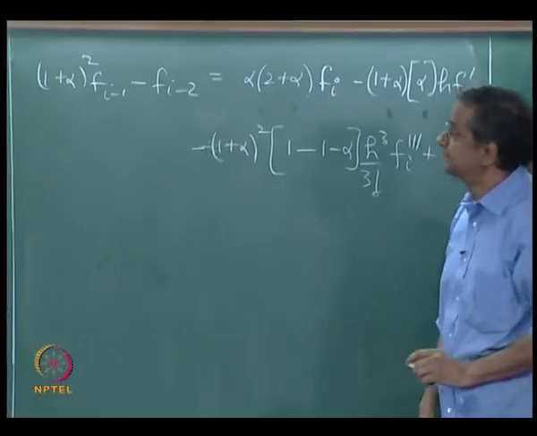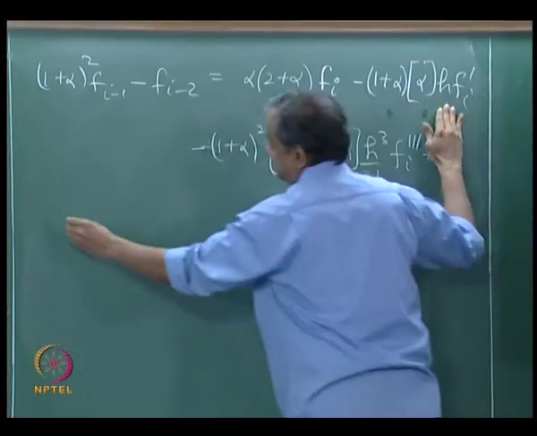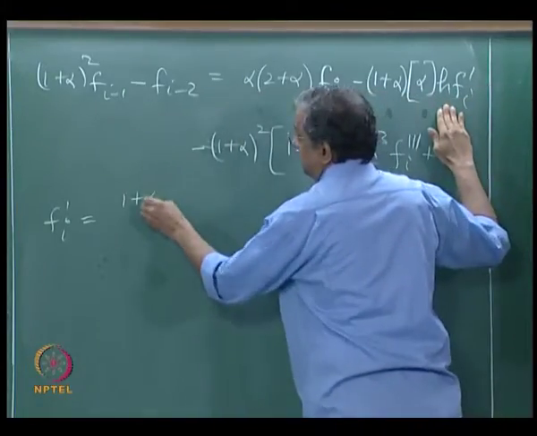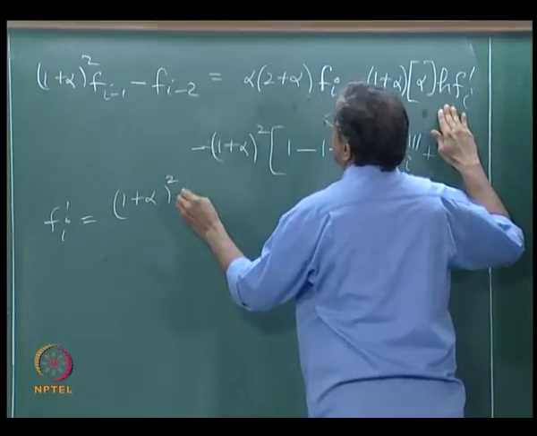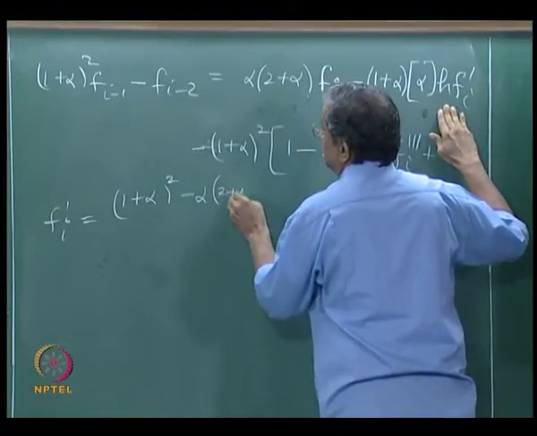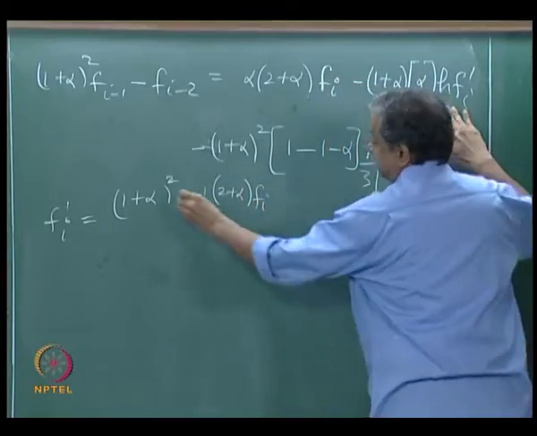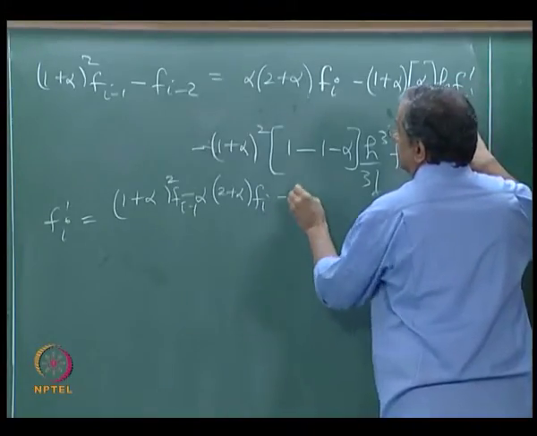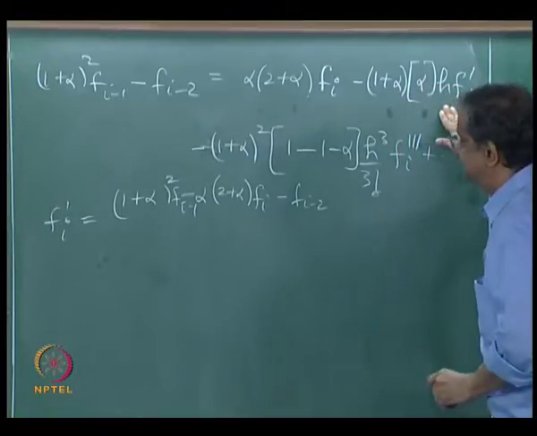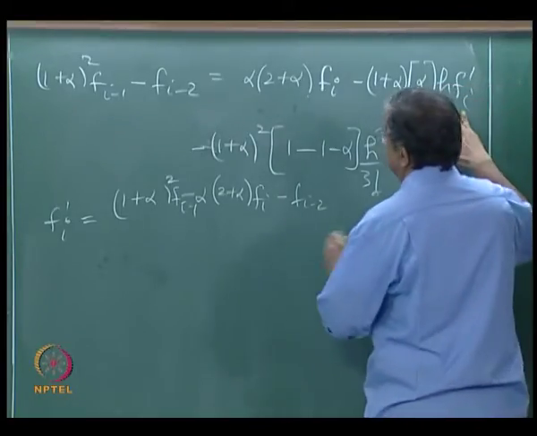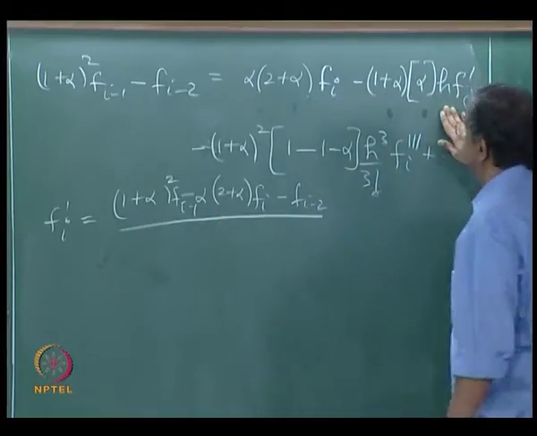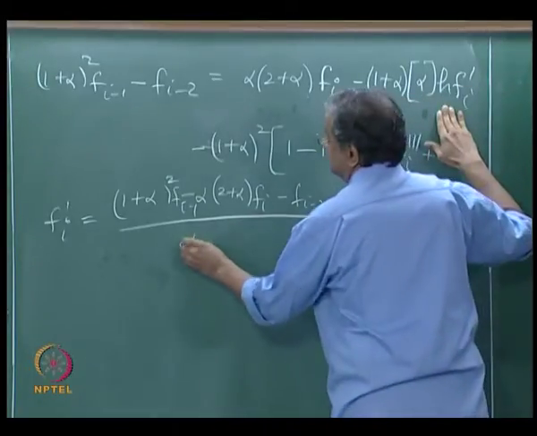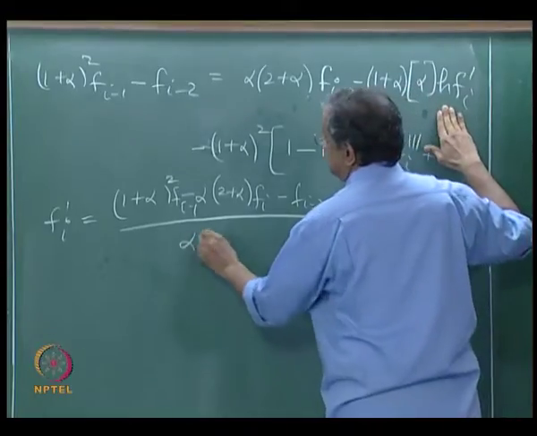Is that okay? So what does it give me for f prime at i? 1 plus alpha squared minus alpha 2 plus alpha f at i minus 1 f at i minus f at i minus 2 divided by alpha into 1 plus alpha.